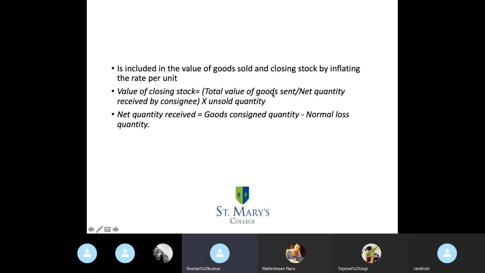The charges paid, all these are in the goods sent, so that it became 125,000.